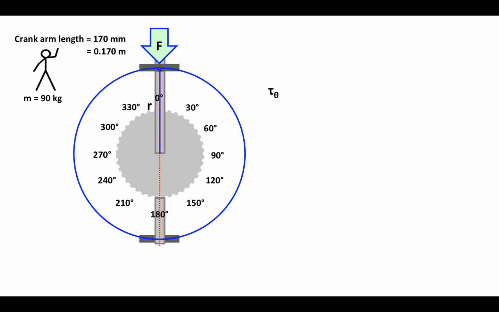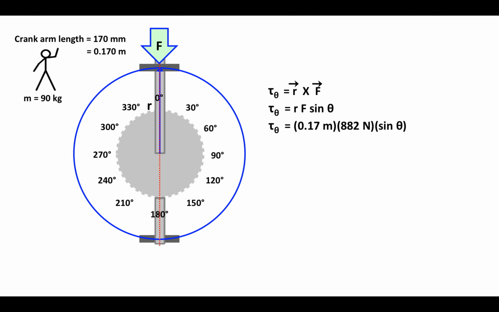The torque at any point for angle theta, theta being the angle between the crank arm and the bisector, is going to be equal to the vector cross product of R cross F, and that is equal to R times F times the sine of theta.